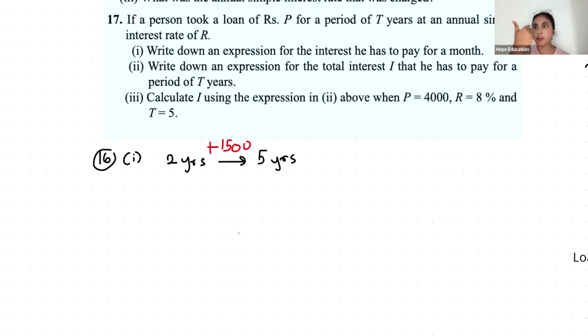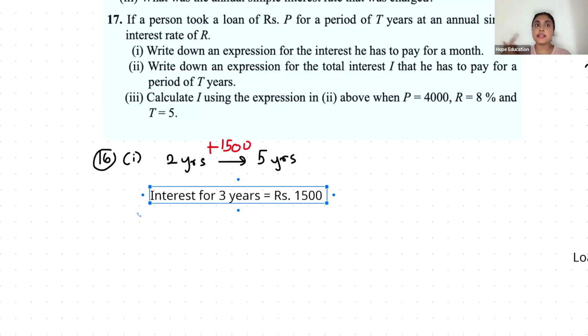So from 2 years to 5 years, how many years have increased? 2 years, 3, 4, 5. So that's 3 extra years, right? So that means interest for 3 years is 1,500 rupees, because that is the extra that he's paying. If the interest for 3 years is 1,500 rupees, what is the interest for 1 year?